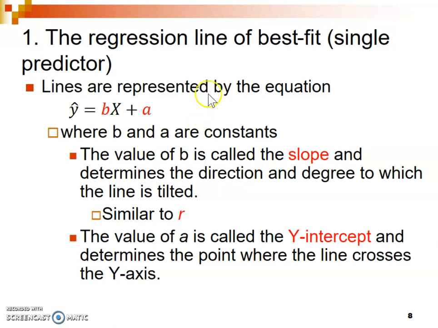When you think about graphing any equation, you have your x value on your horizontal axis, and your y value on the vertical axis. Wherever your line crosses that vertical axis, that's going to be the value of your y-intercept.